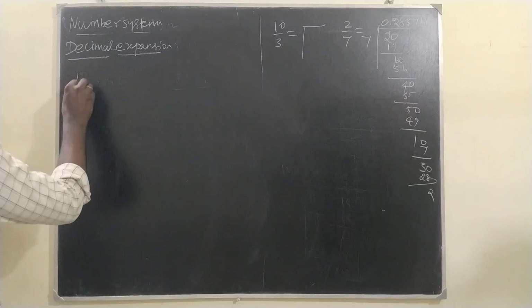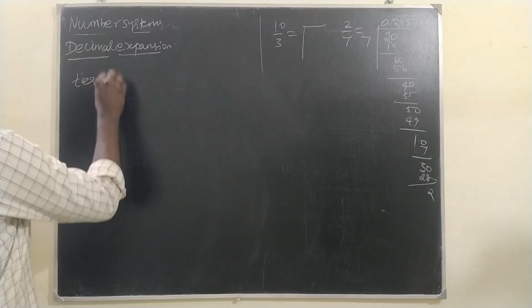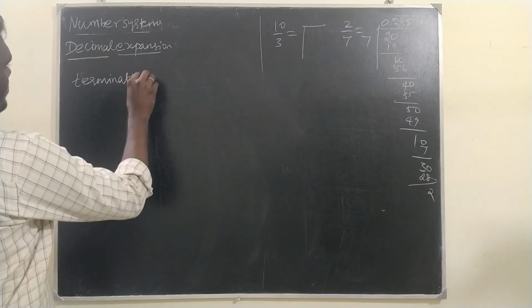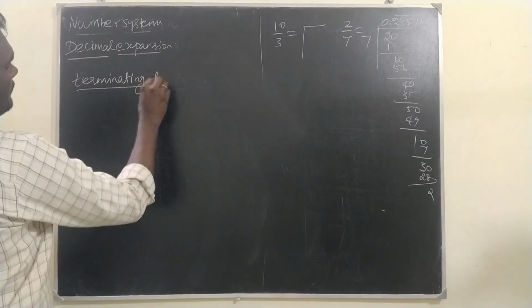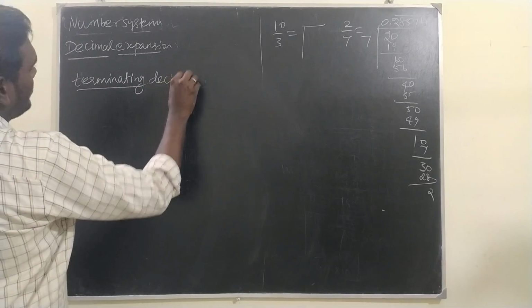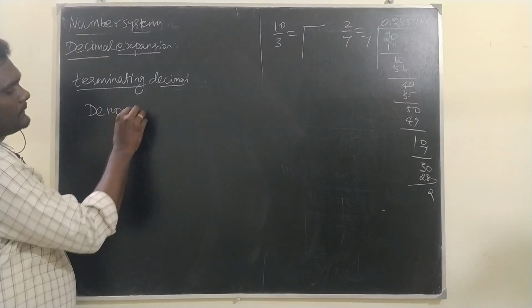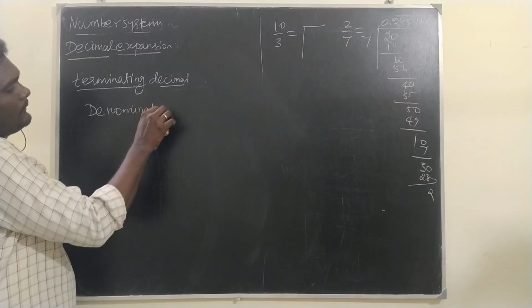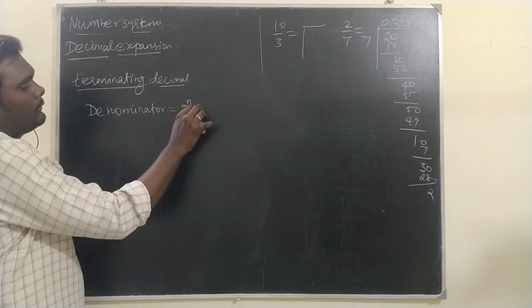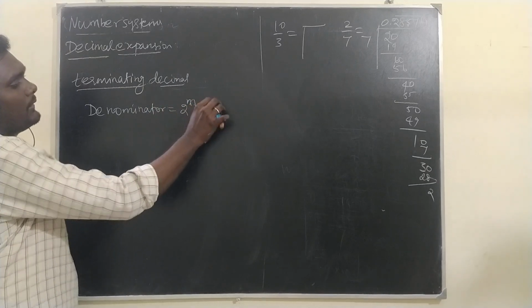So to have a terminating decimal, the denominator should be in the form 2 power m into 5 power n.